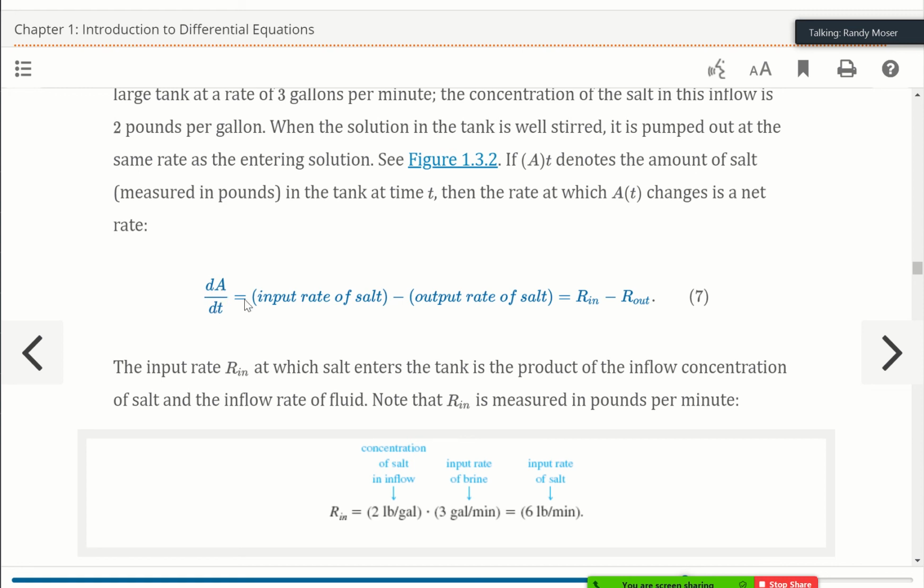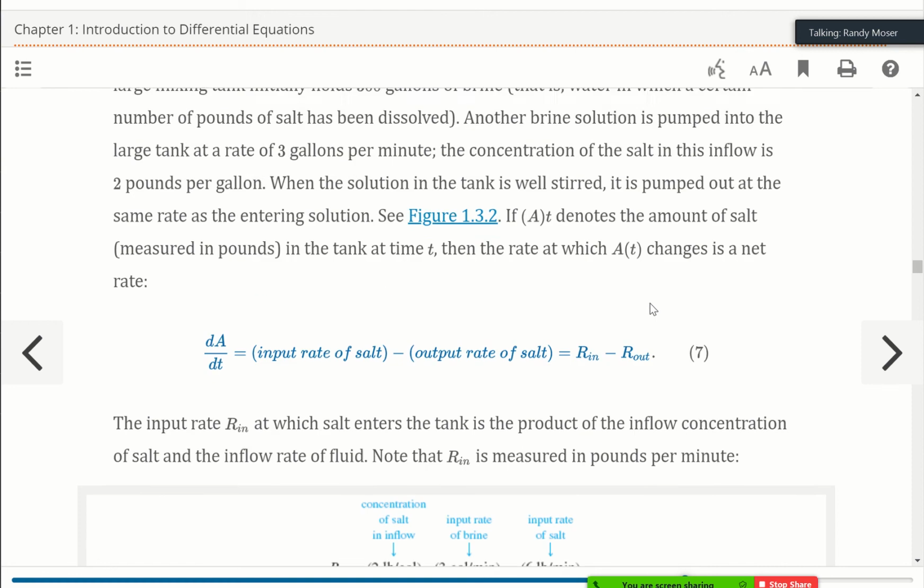Well, we have some salt that's being pumped in, so it's going to be our input rate, but then we're also pumping some out of this tank, so we have to subtract the rate of output, and so the rate of change of the overall salt amount is simply going to be the rate in minus the rate out.